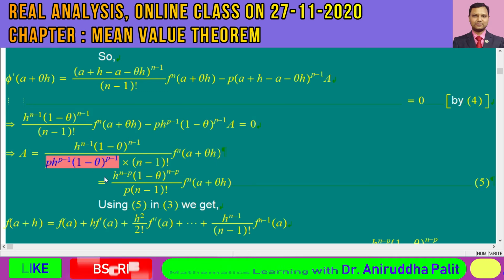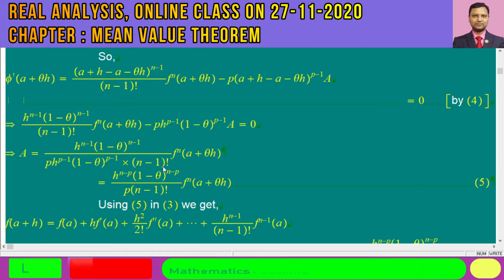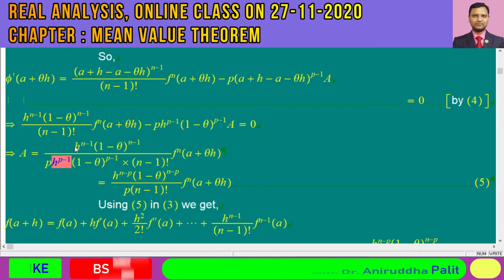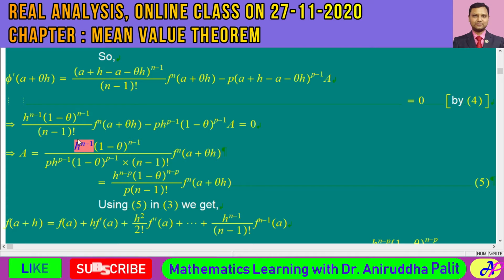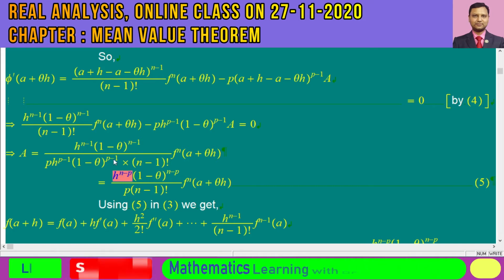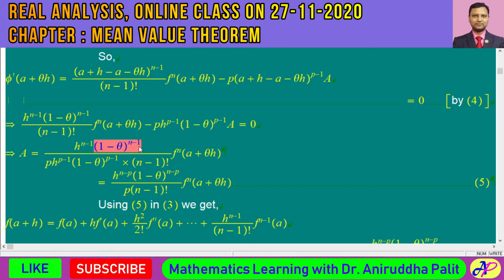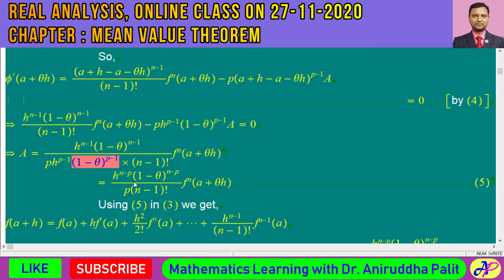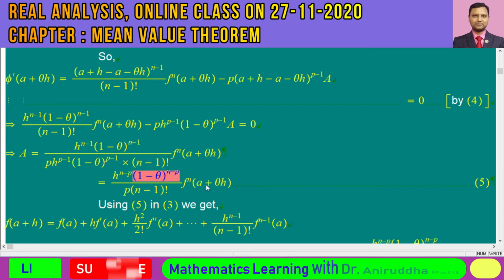So we are dividing this first term by this kind of expression. And what we observe is that this h to the power of p minus 1 and this h to the power of n minus 1 would together become h to the power of n minus p. Similarly, 1 minus theta to the power of n minus 1 divided by 1 minus theta to the power of p minus 1 would become 1 minus theta to the power of n minus p.